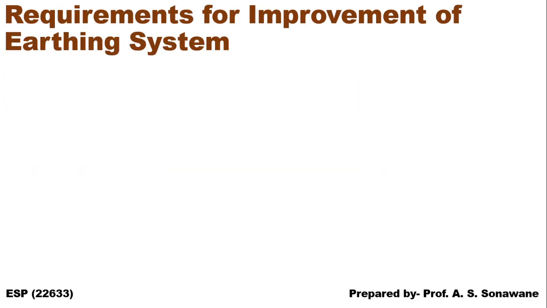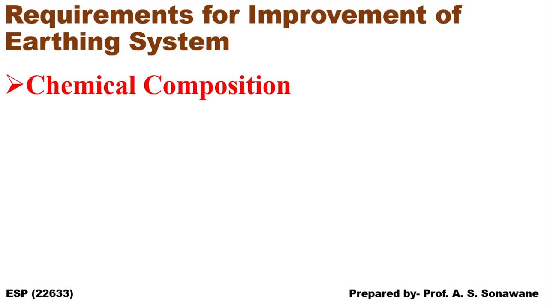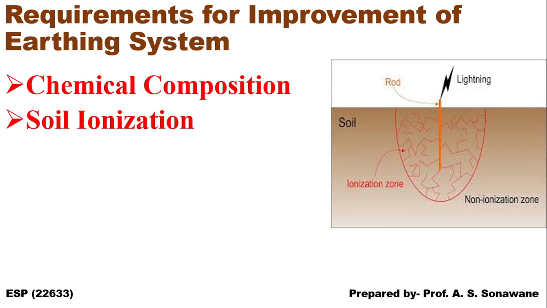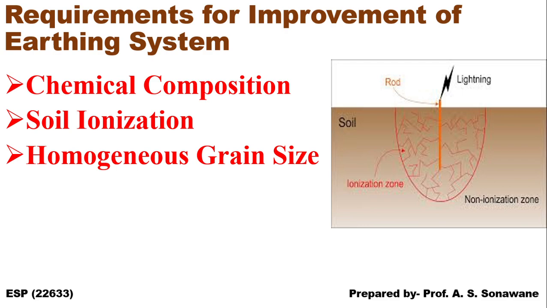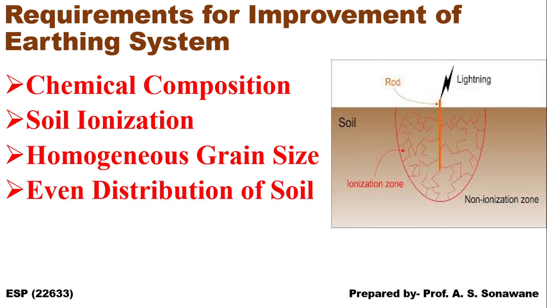To improve the earthing system, the following points can be used. Low soil resistivity is to some extent tied to an electrolytic mechanism with certain characteristics, and those characteristics are chemical composition, soil ionization, homogeneous grain size and even distribution of soil.